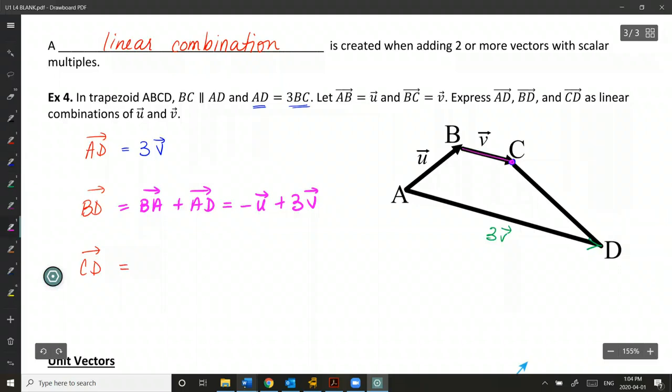We'll start at C, we'll go to B, then we'll go from B to A, and then A to D. So I'm going the opposite direction of vector V, the opposite direction of vector U, and the same direction as vector V here. So we should get 2V minus U.